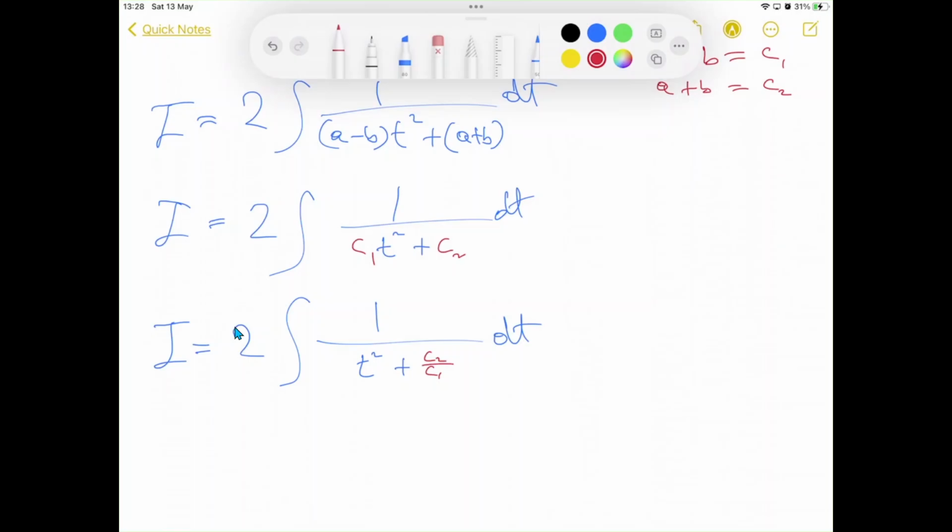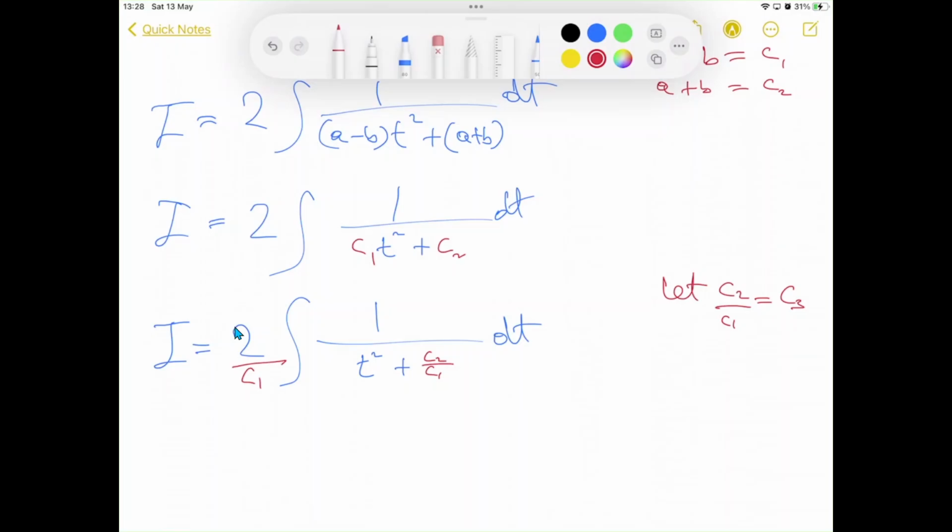So if I multiply the entire integrand by c1, I must divide it by c1. So let's divide it by c1 like that. And let's let c2 over c1 equal c3. So now another constant, c3.